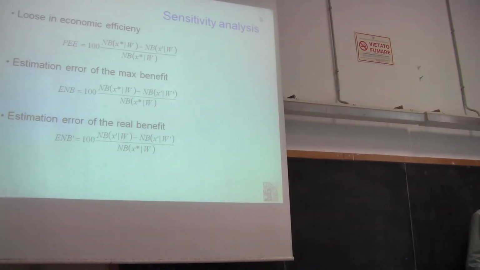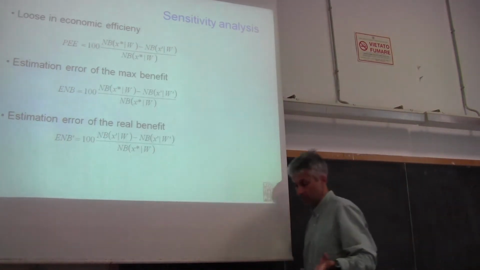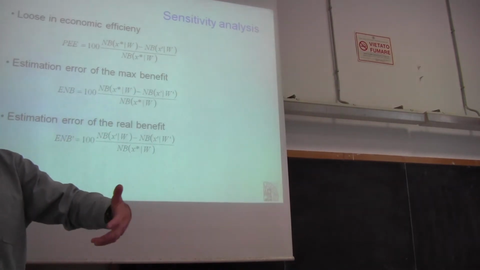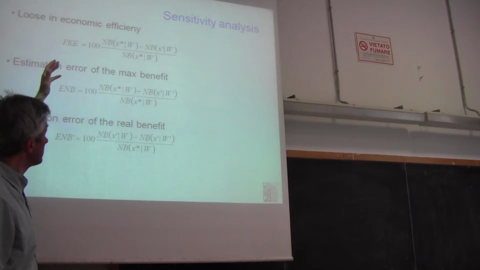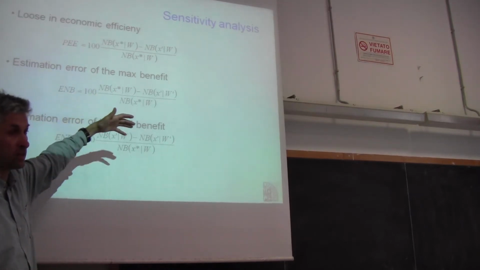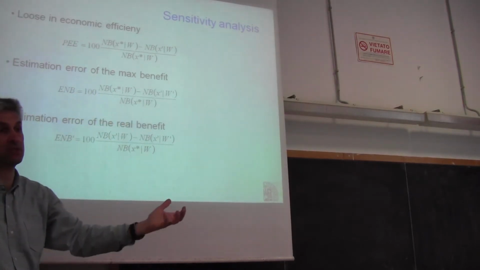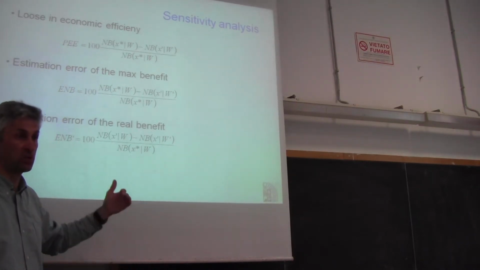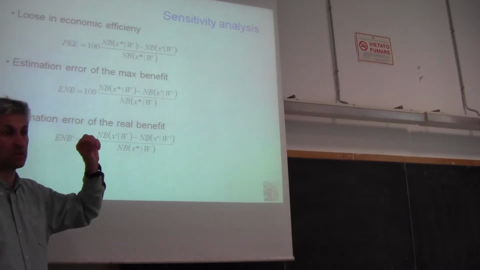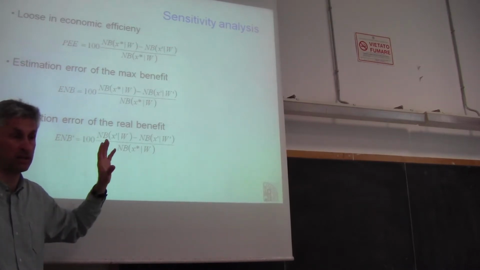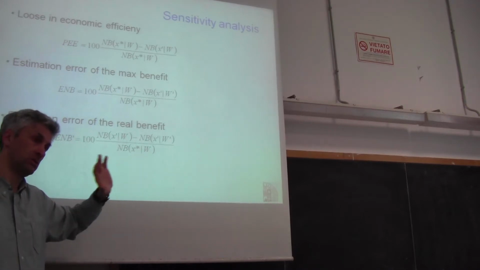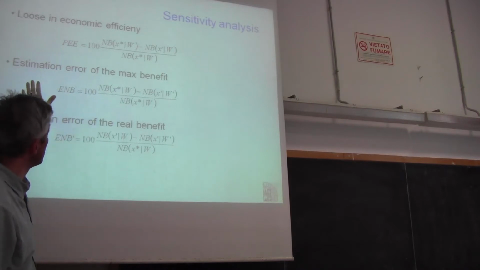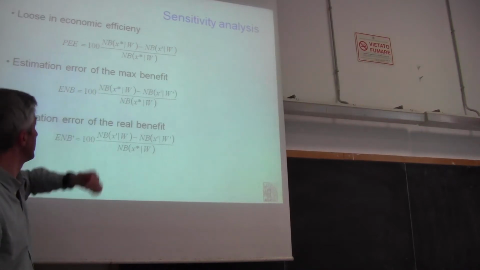And this is indeed a loss because after your perturbation, you end up with a different allocation, and then you end up with a lower benefit. So in any case, if you assume that the unperturbed parameter vector is the correct one, with the perturbation, you end up with a loss in economic benefit, which is computed as you see up there.